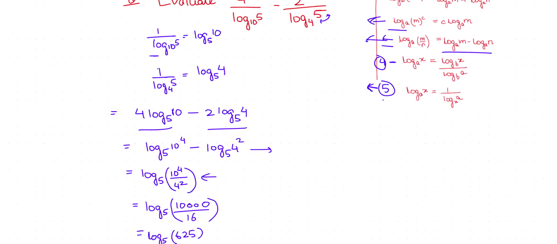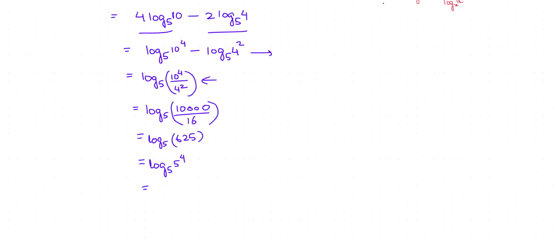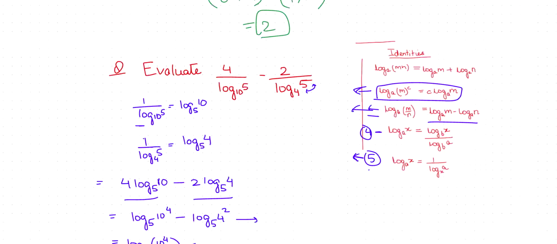And you will write here 4 log base 5 of 5, and we know log base a of a is 1, so this is 1 and the answer is 4. So the value of this expression is 4.